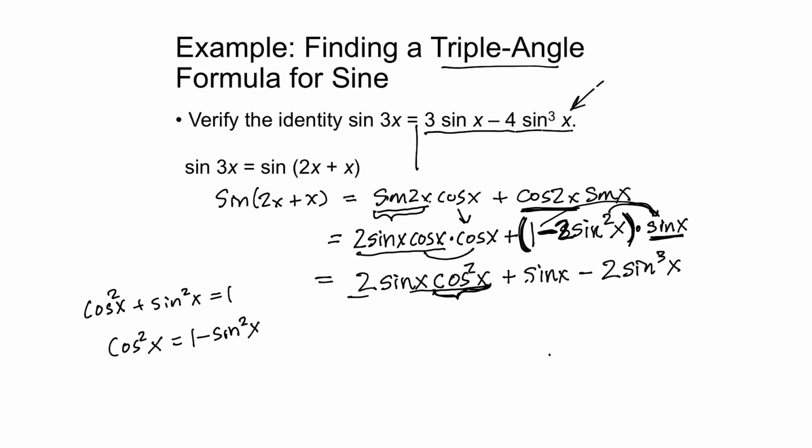And that'll be good because I want to get rid of a cosine. I don't want any cosine. So that's 2 sine of x, and we'll substitute out the cosine. Whenever you do substitutions like that, it's always a good idea to put parentheses and then slug them in there. This will keep you from forgetting to distribute if you need to.